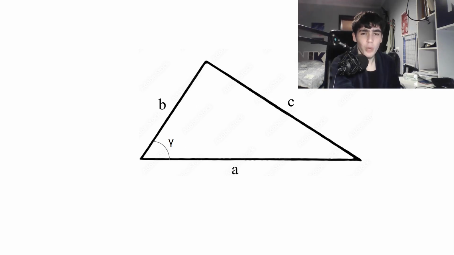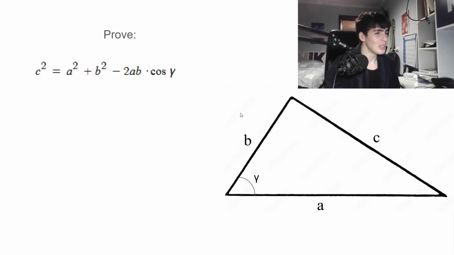And we have to prove the formula c squared equals a squared plus b squared minus 2 times a times b times cosine of gamma.